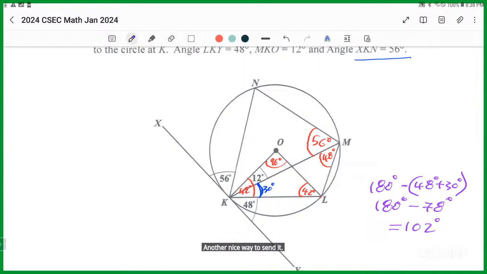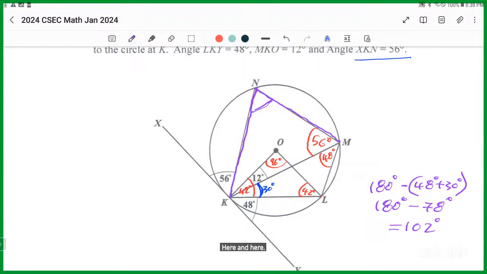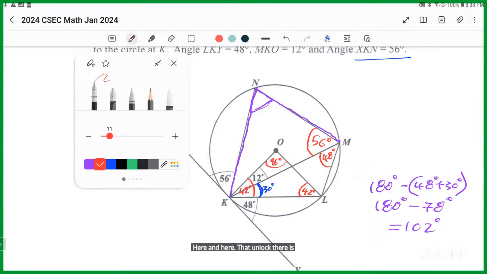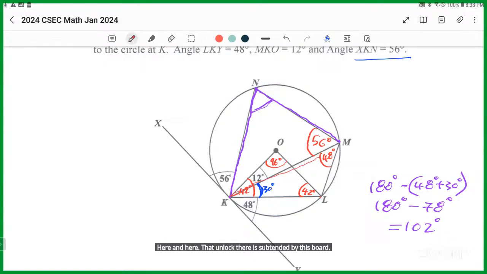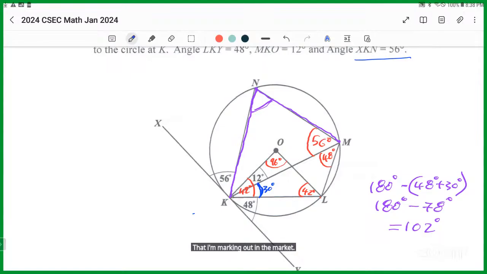That angle up here, to come back till you reach the circumference, here and there. That angle up there is subtended by this chord that I'm marking out in blue.